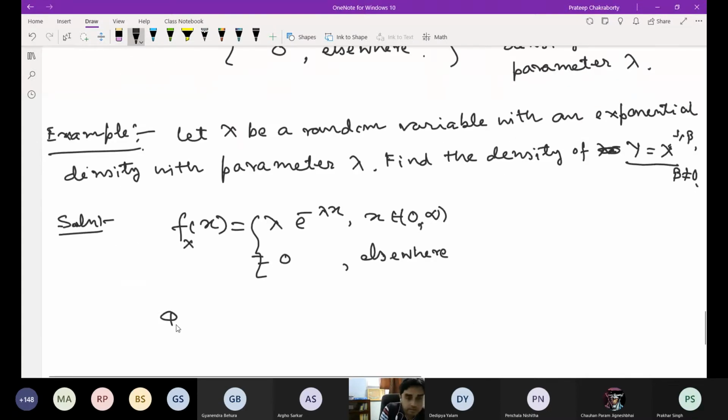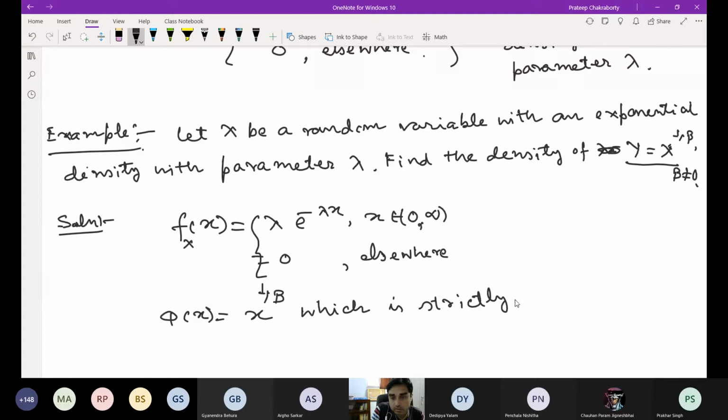So here phi of x is equal to x power 1 by beta, which is strictly increasing or decreasing, depending upon whether beta is greater than 0 or less than 0, on (0, infinity), on which the density function is non-zero.